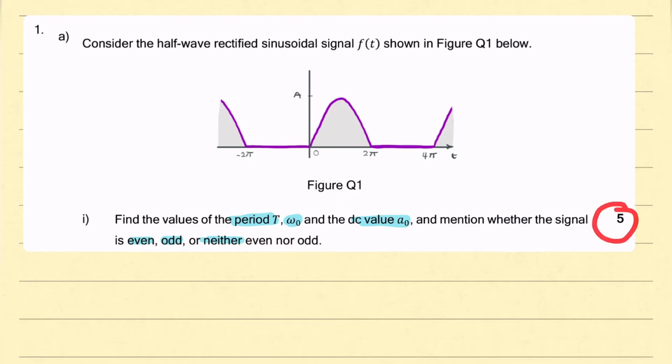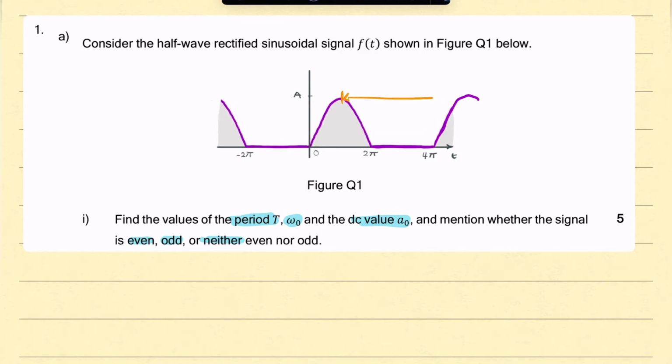So for 5 marks, you have 1, 2, 3, 4 things to mention. So first of all, the period, so this is clearly a periodic signal. The period is going to be the time it takes to repeat the signal.